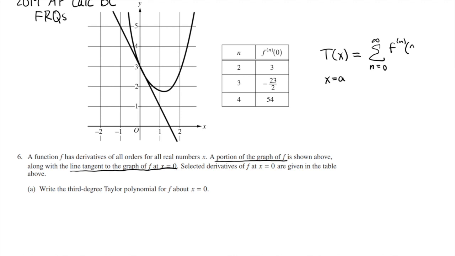So the nth derivative at a over n factorial times x minus a to the n, right? So this is the full Taylor series. And a Taylor polynomial is just the sum of the first few terms of this series.